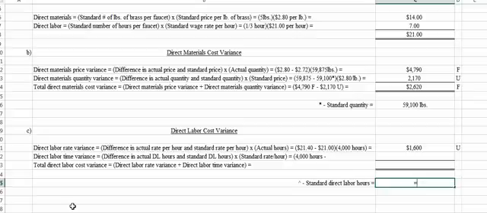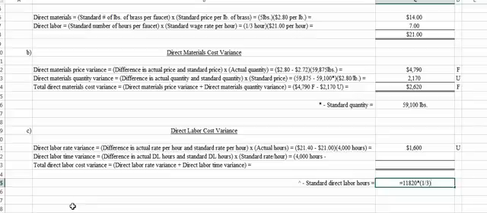So since it's 1/3 of an hour per faucet, we know the number of faucets produced during the week was 11,820, times 1 divided by 3.